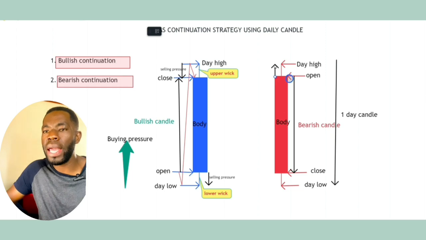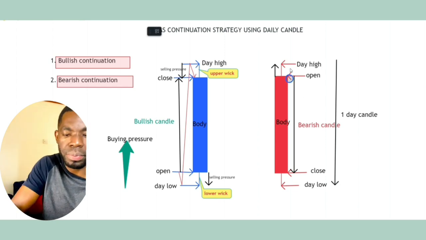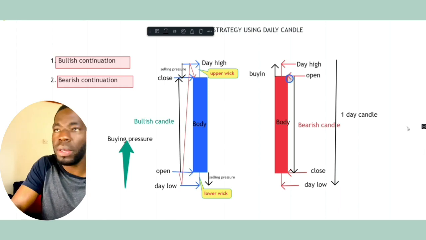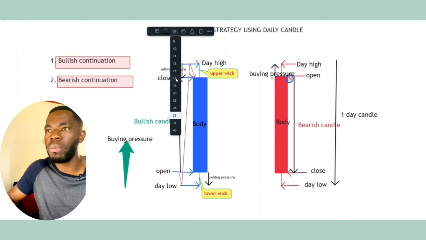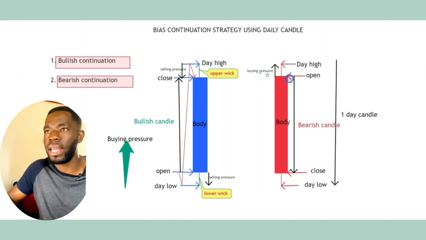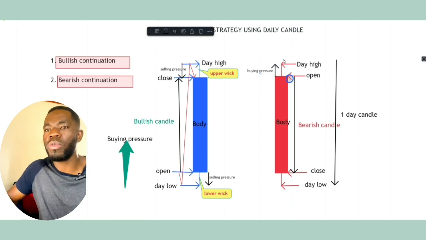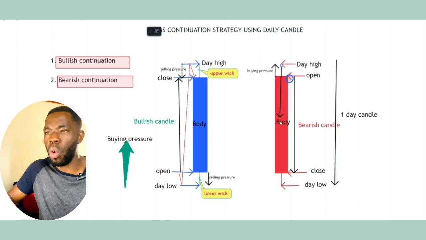There was some buying pressure that pushed the price a little higher here, to the day high, before sellers took over again and pushed the price all the way down to this day low, okay.